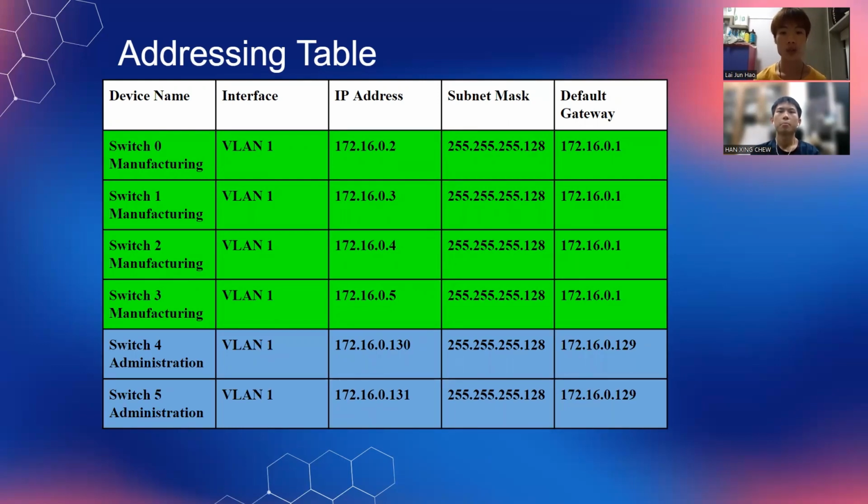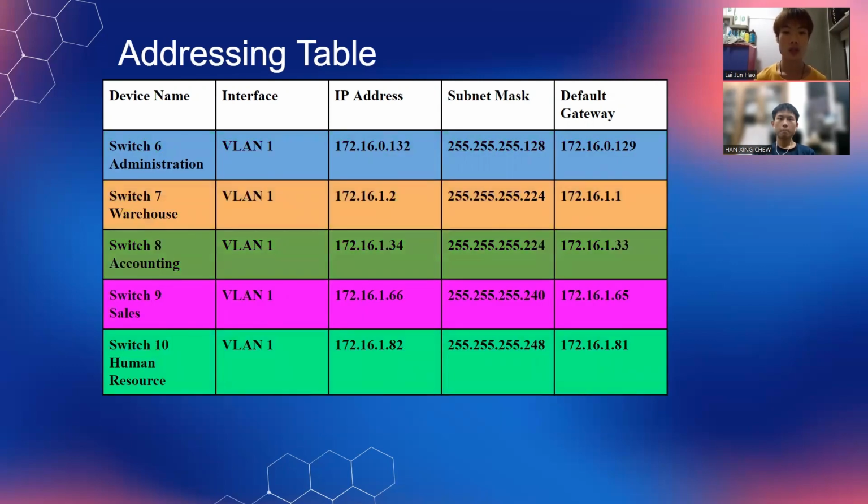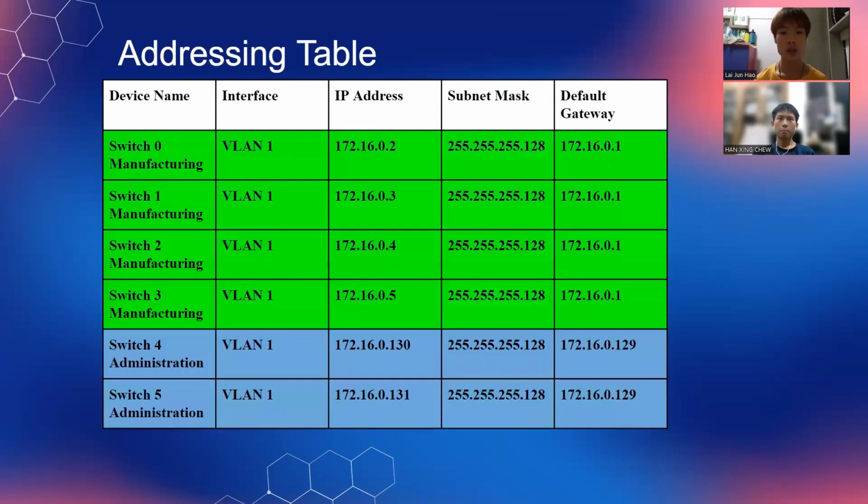The default gateway is the same for all, 172.16.0.1. For the administration department, we have three switches, 4, 5, and 6, and the interface used is also VLAN 1. The IP addresses are 172.16.0.130 to 132. The subnet mask is also 255.255.255.128, and the default gateway is 129. Next slide.